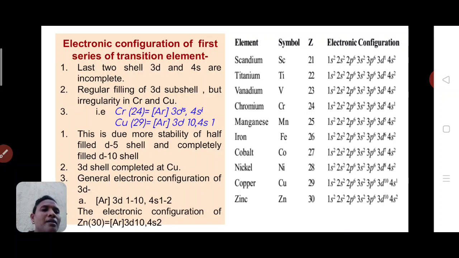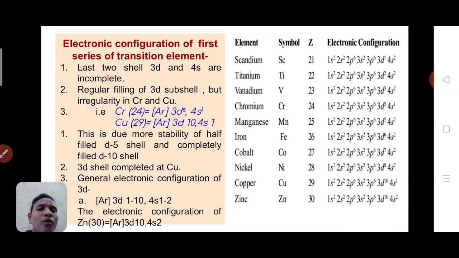See in copper, copper should have the 3d9 configuration, but it is 3d10. Why? Because 3d10 is a highly stable configuration. So copper prefers the 3d10 configuration rather than 3d9. So the 3d shell is completed at copper, that is, the 3d shell is completely filled at copper.